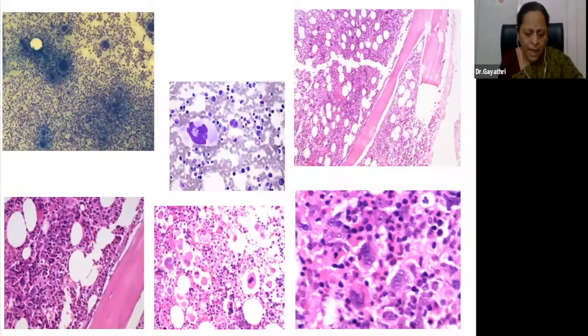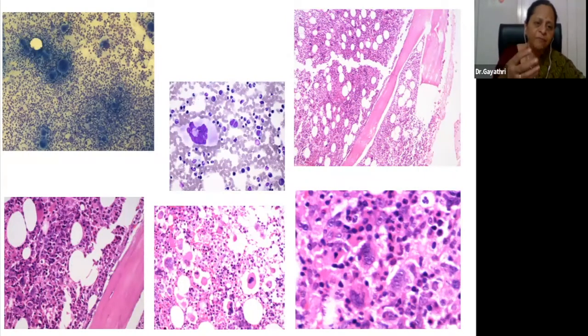We look at some marrow pictures of cases with leukocytosis here. If you do a marrow aspiration in a case like one of the cases that we saw in the previous frames, you can expect to see a very densely particulated marrow, to the point that it will be difficult to smear the particles.